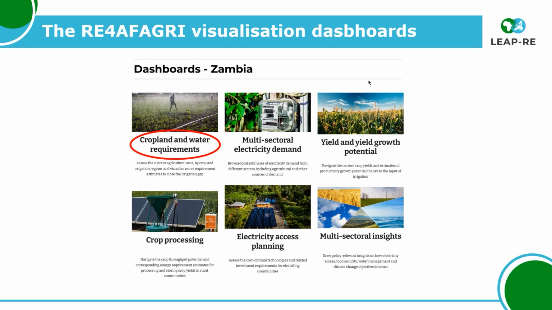For the example of Zambia, which is the most comprehensive one of those available so far, it is possible to explore dynamics such as cropland and water requirements, as well as energy and electricity demand, and crop processing throughput and demand for cold storage and processing, as well as yield and yield growth potential in relation to irrigation and electricity access planning, that is to say, cost optimal identification of energy access solutions. And finally, it's also possible to derive some multi-sectoral insights that come from the MESSAGE nest model.